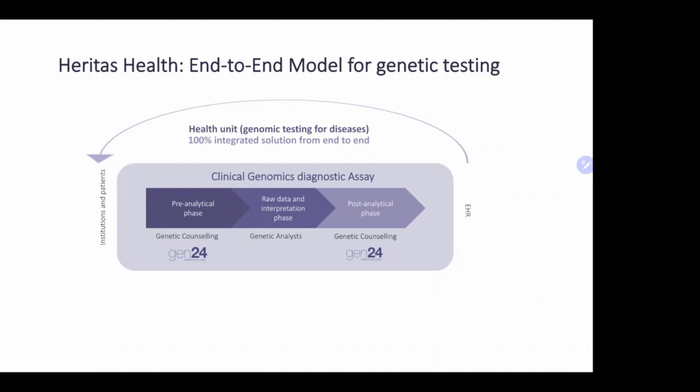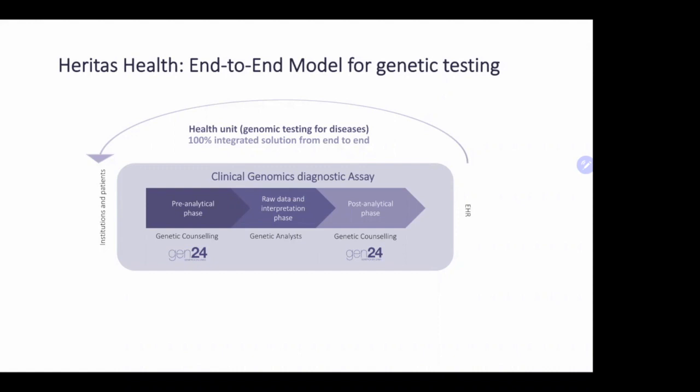In the second step, we have the raw data and interpretation phase with the genetic analysts. And in here, I want to highlight that we are an interdisciplinary team that is formed by the data production platform, data science, and the medical genetic platform that works together in order to reach excellence in our variant analysis and interpretation.